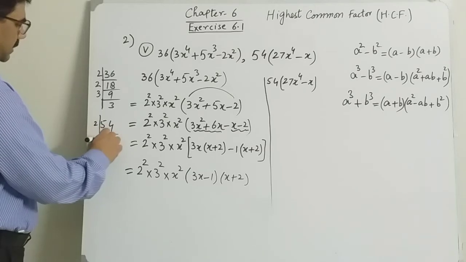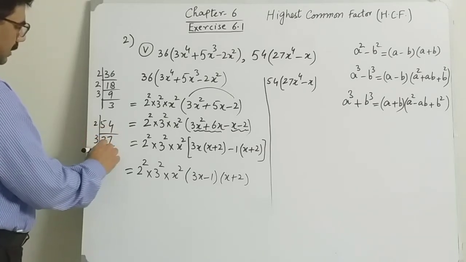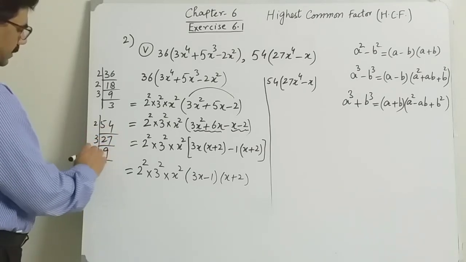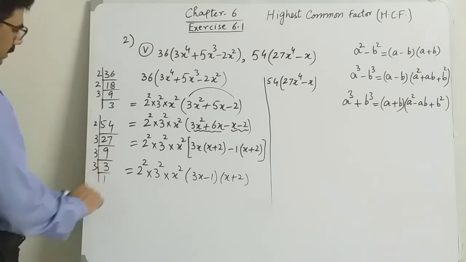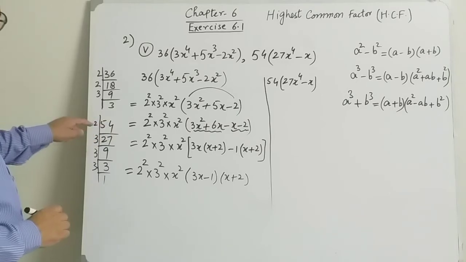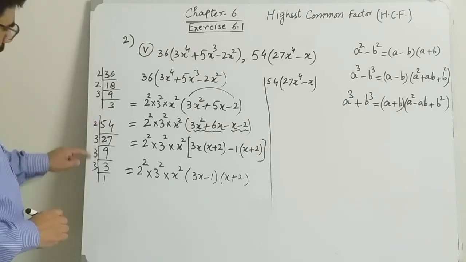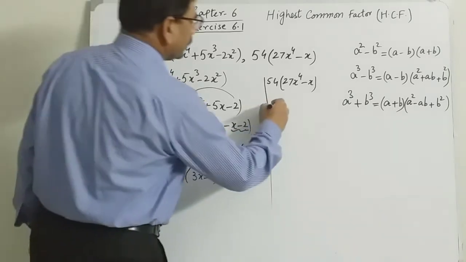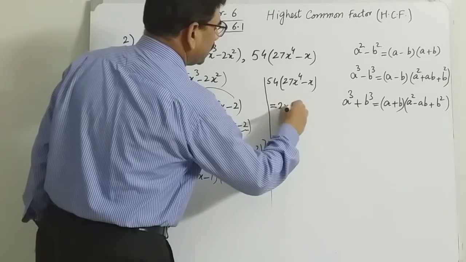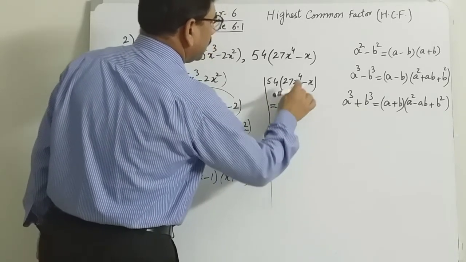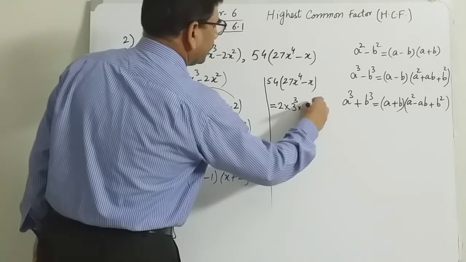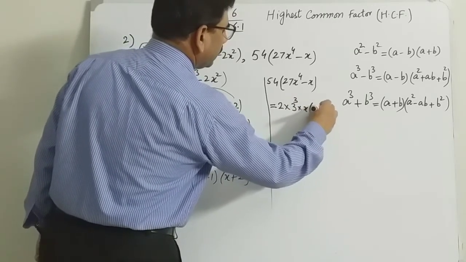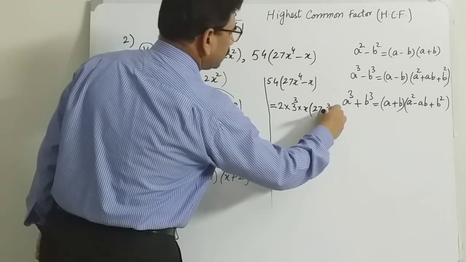It will be 2 27 times, 3 9 times, 3 3s are 9 and 3 1s are 3. So the prime factorization of 54 will be 2 multiplied by the cube of 3. It will be equal to 2 multiplied by 3 cube, and from here we can take x as common, and inside the bracket we will have 27x cube minus 1.